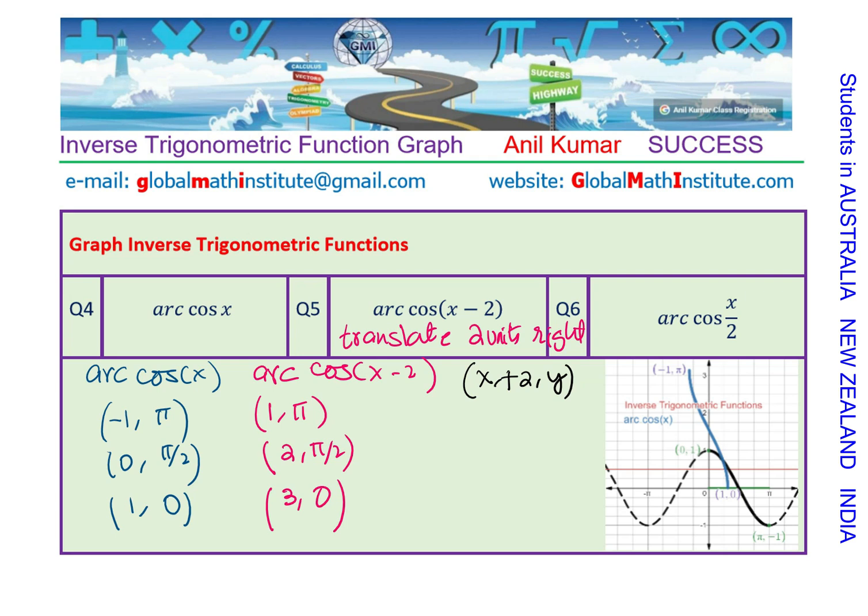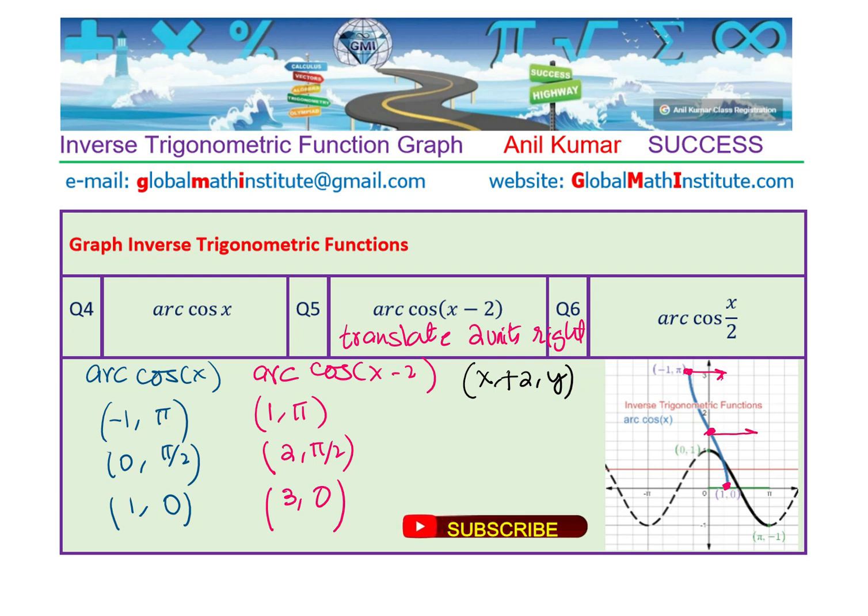I've already taken the graph of cos inverse x. So we are going to shift each and every point 2 units to the right. The first one, which is minus 1, goes to 1. So this is where it moves. The second one goes to 2, so it moves here.